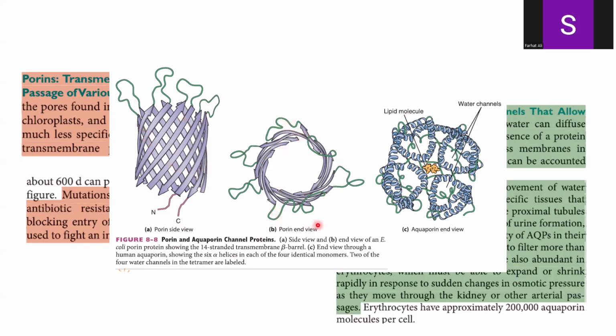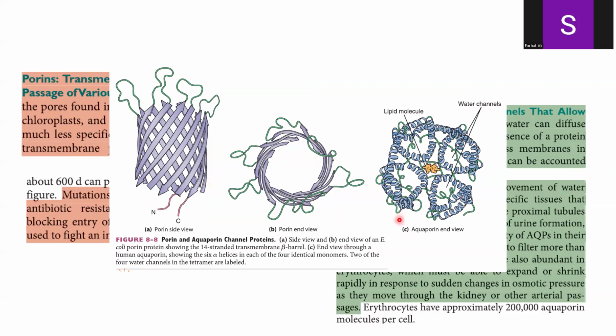And panel B shows the view from the top. So you can see that on the inside, it has a cavity. Through this cavity, through this channel, the solute molecules can move across the membrane. So this is a barrel-like structure made up of beta sheets.